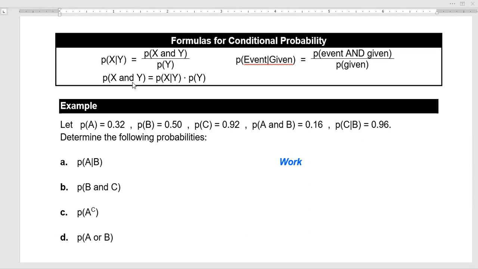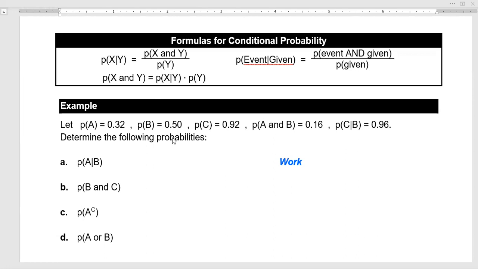The formula we had for x and y in the past was an addition formula: the probability of x plus the probability of y minus the probability of x or y. This is a new formula for the probability of x and y that we can use if we have different information provided to us. Sometimes you might have seen this before where you multiply two things to get an and probability. Those two things you would be multiplying are a probability and a conditional.